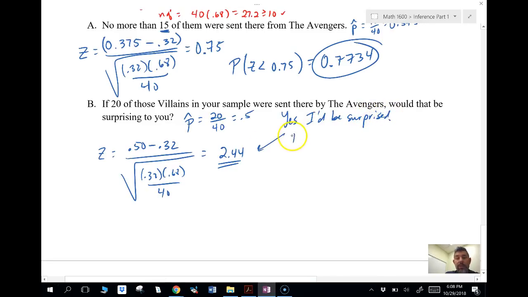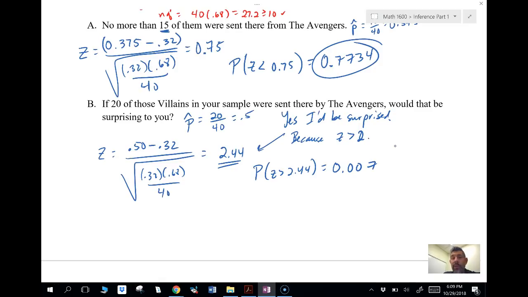Because the z-score is greater than 2. All right, now if you want to know the probability of that happening, the probability of getting 20 or more supervillains that were sent there by the Avengers is 0.007. There's actually a 0.7% chance that we would see 20 or more. Man, I think that's pretty surprising.